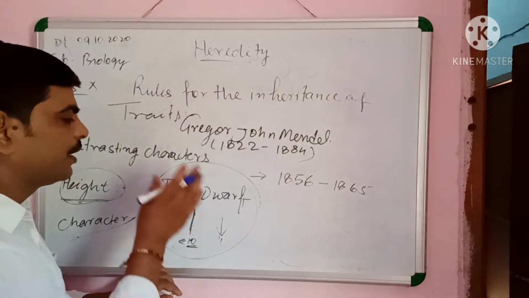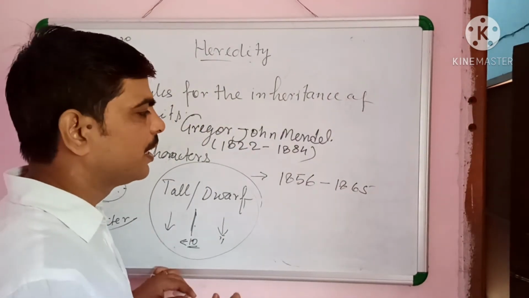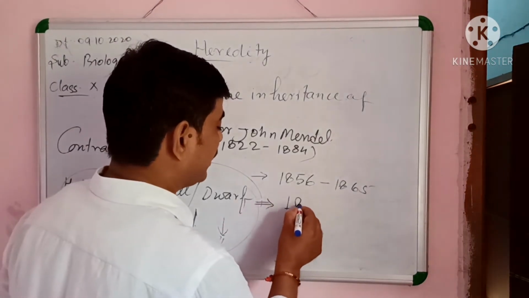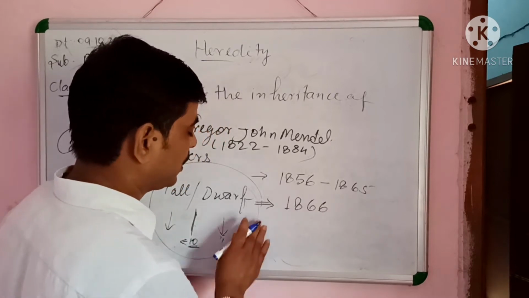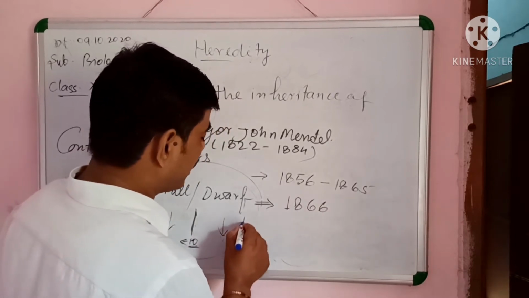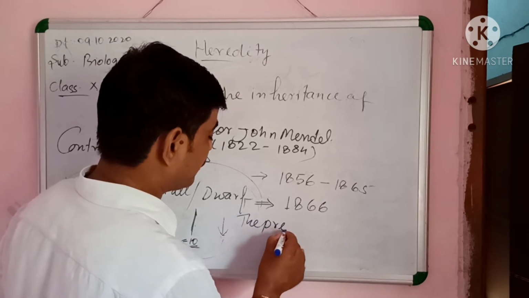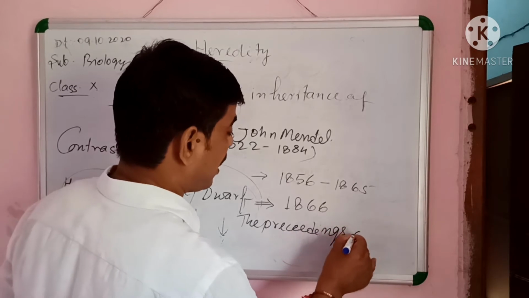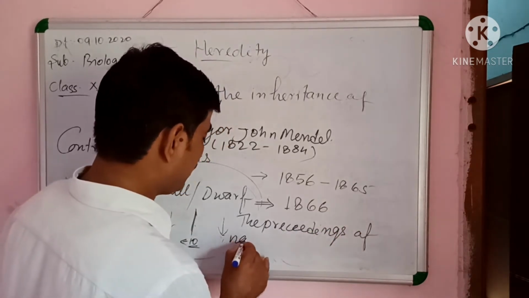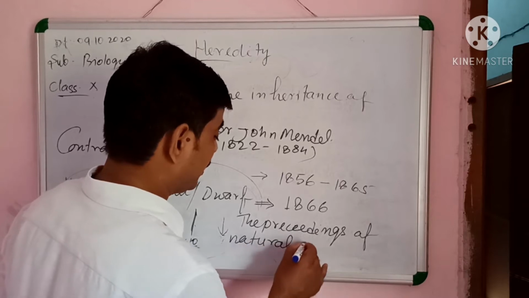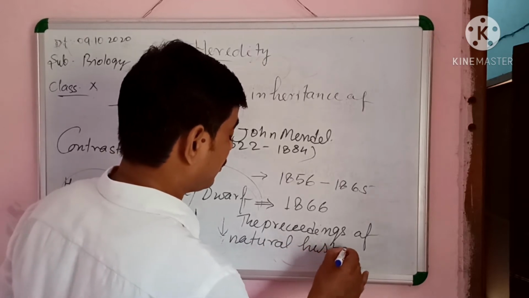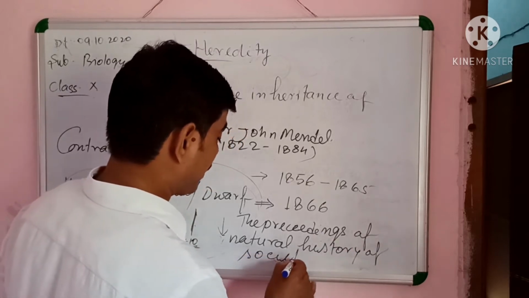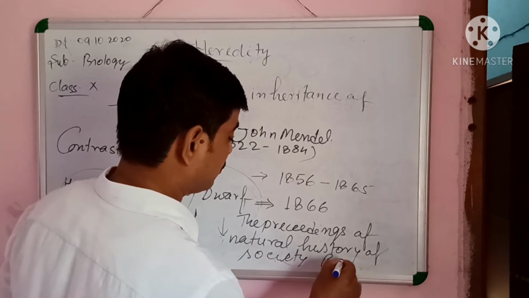During this period, he conducted experiments on pea plants and recorded some findings, and he published his findings in 1866 in the Proceedings of the Natural History Society, Brunn.